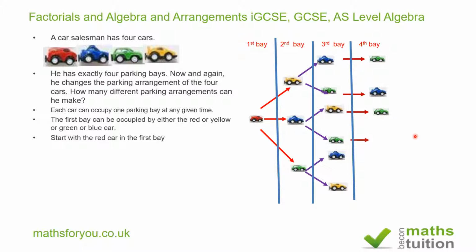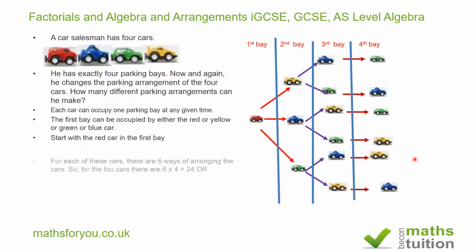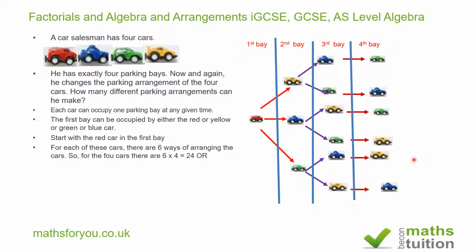Okay, and then we have a green car, a yellow car, and lastly, we can have a blue car. So for each car in the first operation, for your red, blue, green, or yellow, there are 6 possible arrangements here.